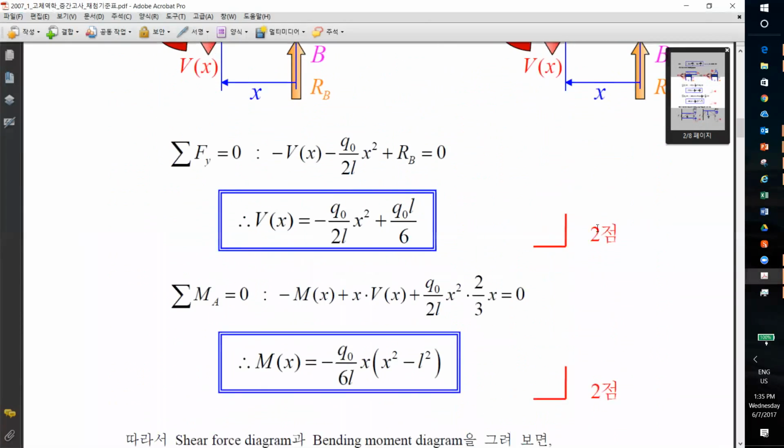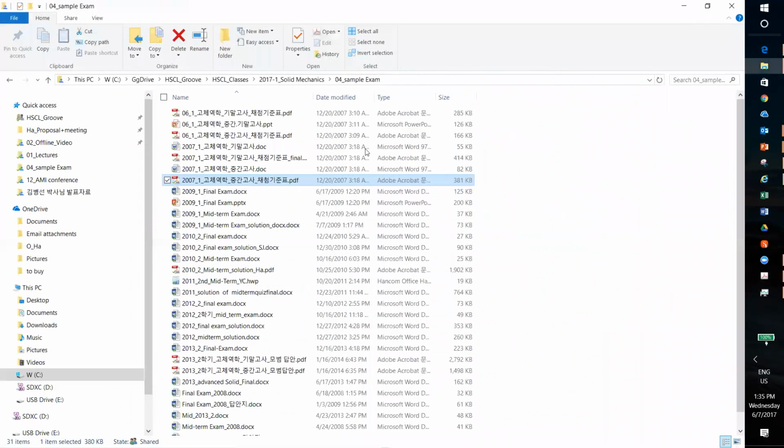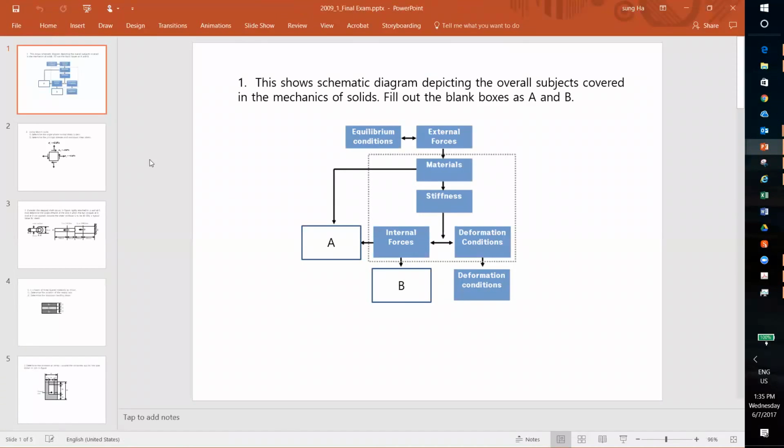Okay, even for how many points we assign for each question. There are 2006 and 2007 and 2009.